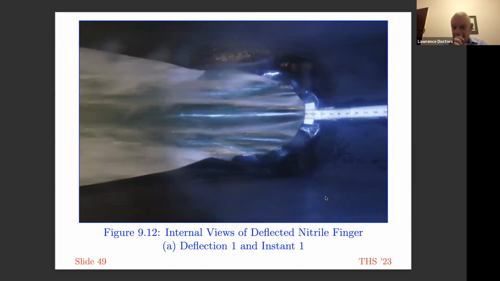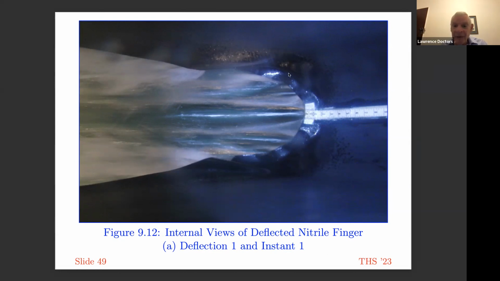This shows you a picture of the inside of one of the fingers in this facility. This particular finger was made of a nitrile material. In the experiment, we could run the facility at different water speeds, and we could also move the fingers up and down for different degrees of finger deflection.